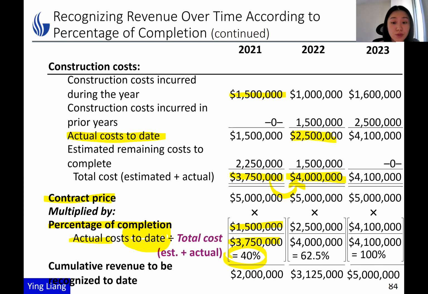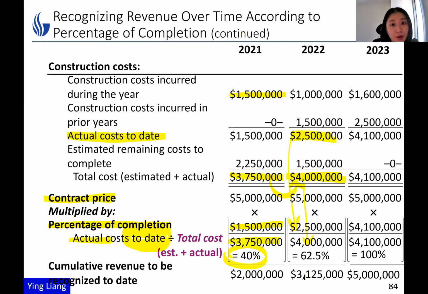So no worries, we just simply apply the formula. We do not need to panic. So here it is. We get 2.5 and we divide it by 4 million. We got the total cumulative revenue to be recognized today is 62.5%. Times the 5 million, we get 3.125.